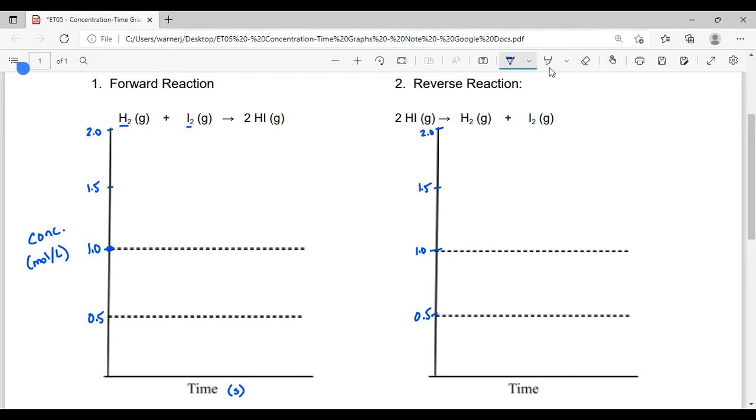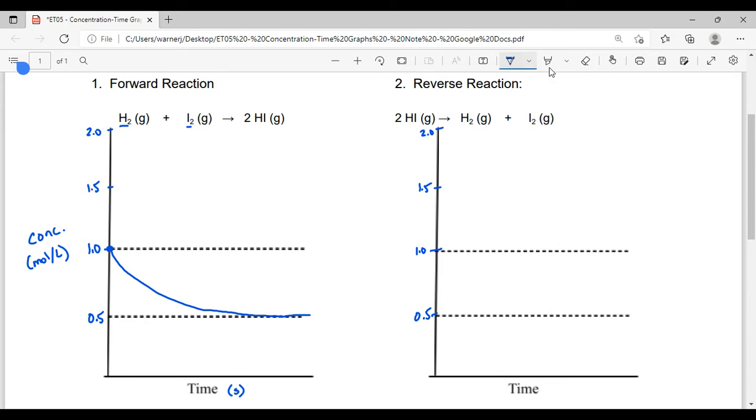As the reaction goes in the forward direction, it's going to produce HI, but at some point that HI production is going to maintain a consistent level, and that's the point when we reach equilibrium. On a concentration-time graph, it might look something like this. As we go along in time, we're using up reactants, and our reactant concentrations get smaller and smaller until it levels off and stays at a constant point, let's say 0.5 moles, just to make it easy, right?